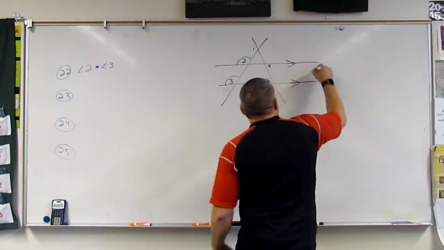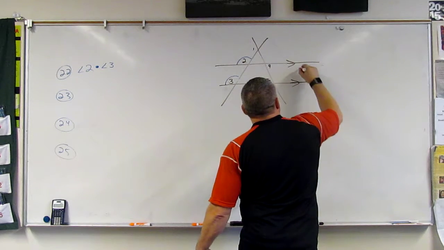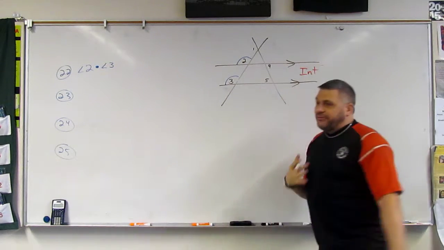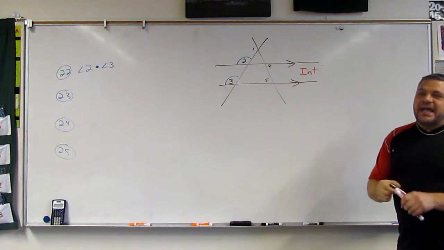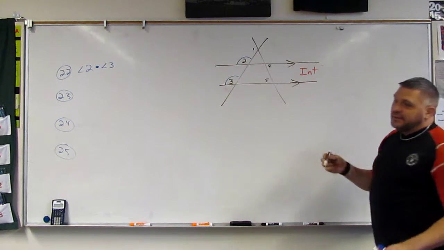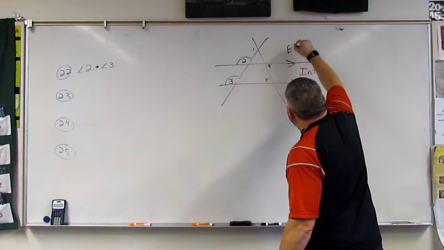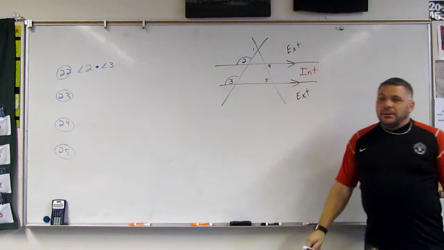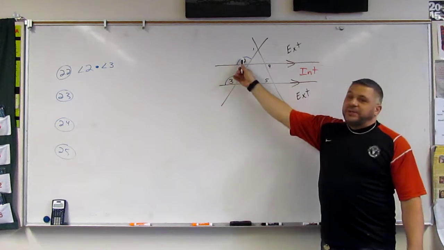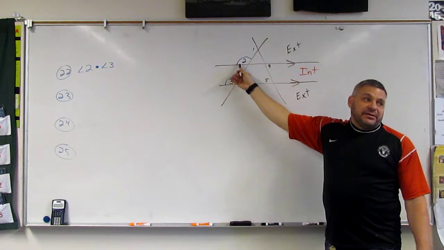So, here are the parallel lines, right? So this would be the interior of the parallel lines. What's the exterior of the parallel lines? Out here, right? So angle 2 is outside. It's in the exterior.